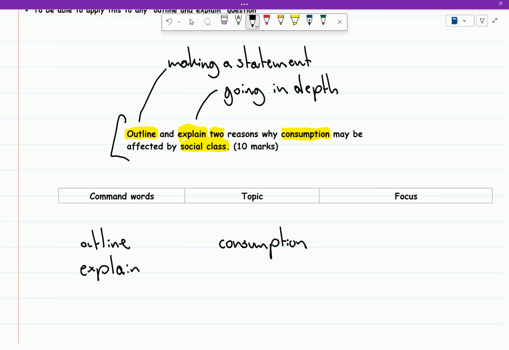It's only from looking at it from the perspective of a social class or social classes that we can see the differences. If everyone was the same social class, would we then have different rates of consumption? Well, the answer is yes, because there are other factors to consider, but we're not going to go into those in this video. So the focus then needs to be on social class, because again, social class is affecting consumption.